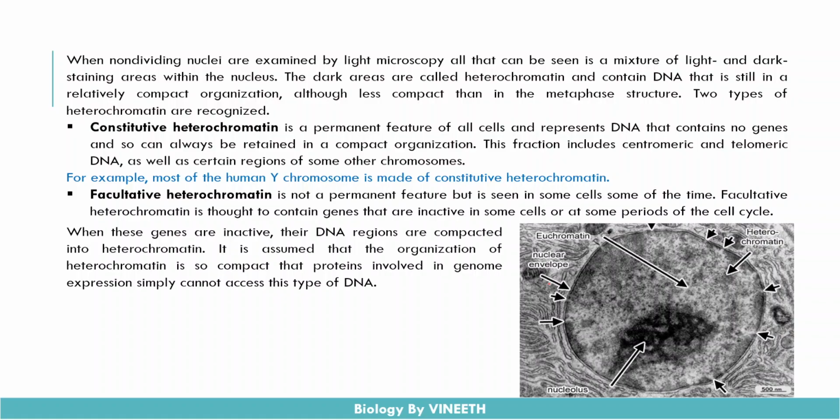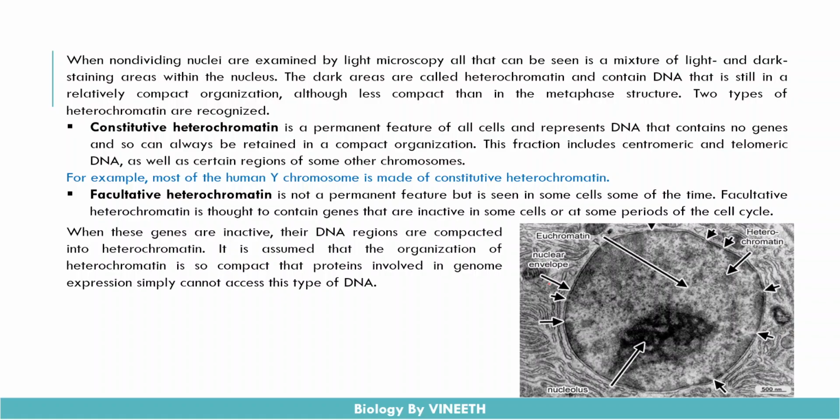The light gray regions represent the euchromatin state, and the dark gray regions under the light microscope represent the heterochromatin regions. This heterochromatin is of two types: constitutive heterochromatin and facultative heterochromatin.